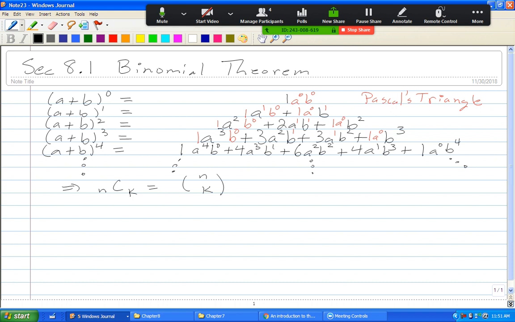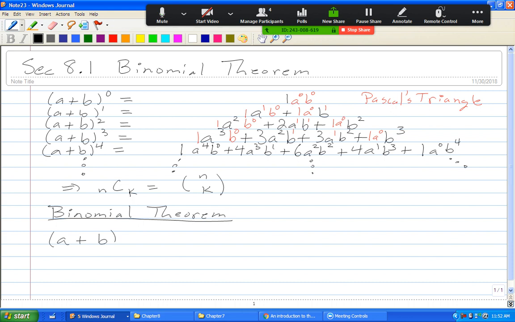Here's where they put the factorials. Let me write Pascal's triangle, the binomial formula, which I'll do in terms of a's and b's.